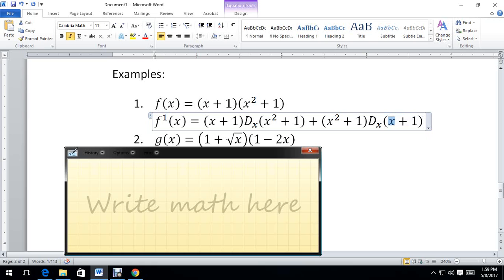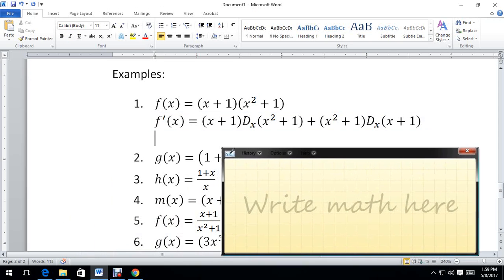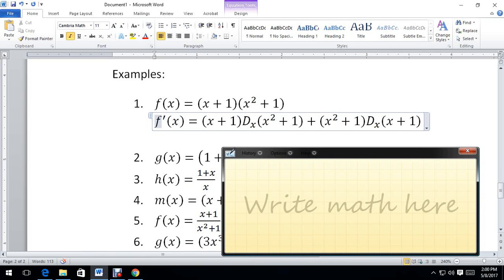Again, f prime of x would be equal to first times derivative of the second plus second times derivative of the first. After which we perform the actual equivalent of this initial form of the derivative.